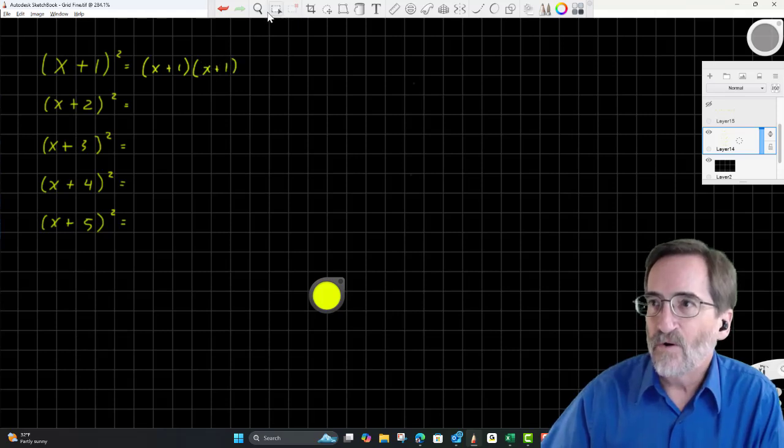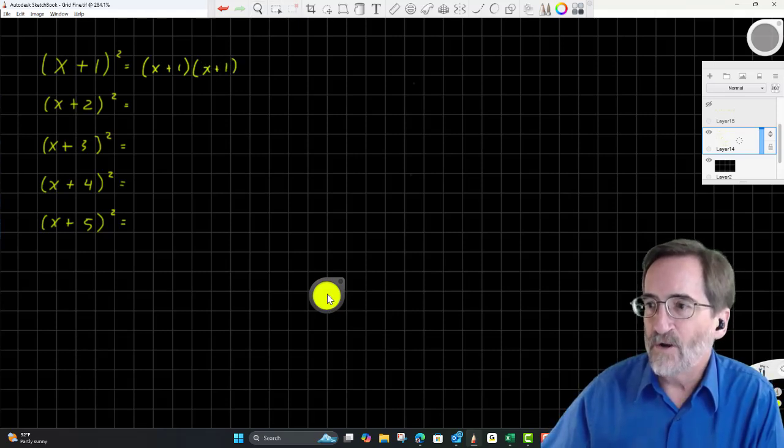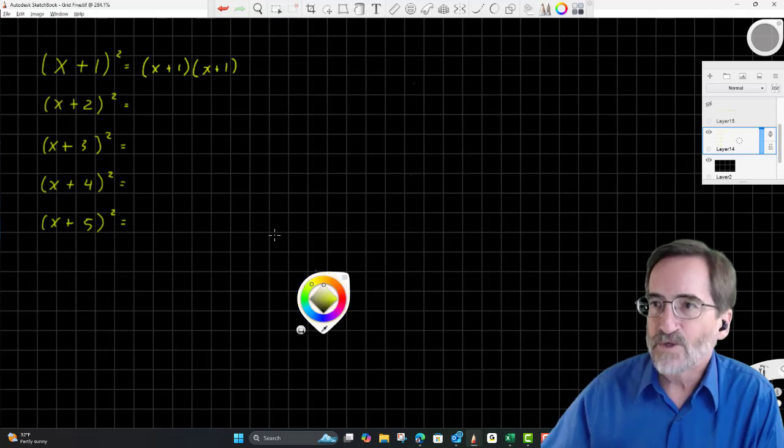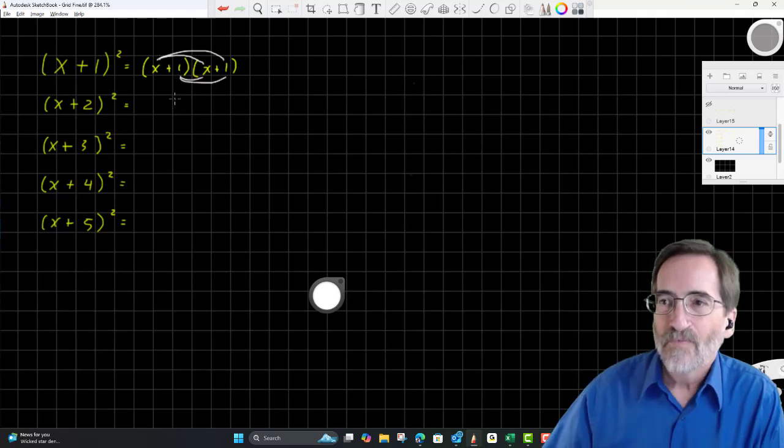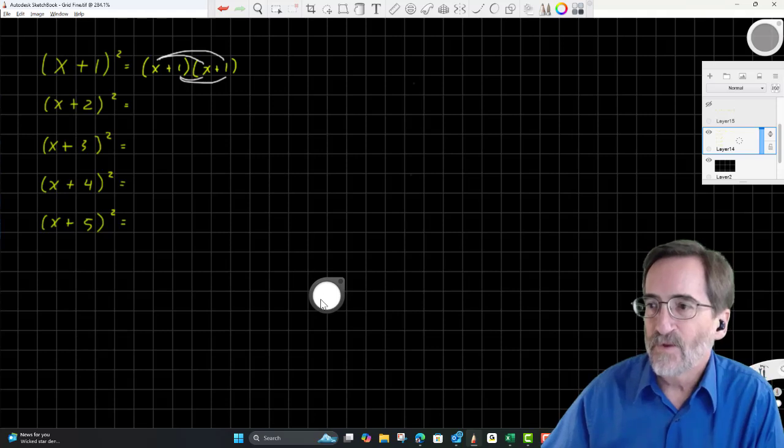You may recall that in order to multiply the binomial out, we distribute the x to the x and the 1, and then we distribute the 1 to the x and to the 1. That is sometimes called FOIL, first, outside, inside, last, or just distributing. When I do so, I get x times x is x squared.